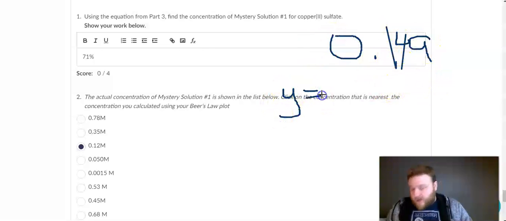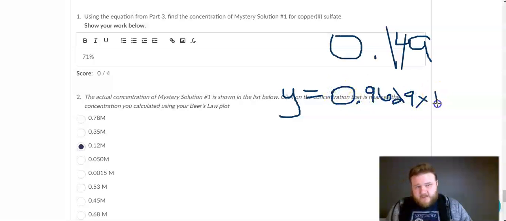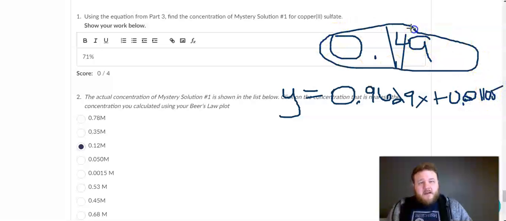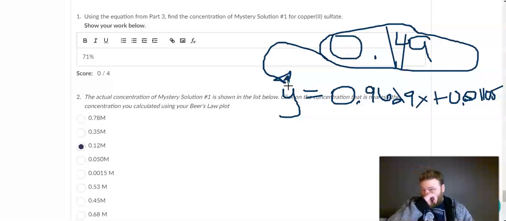I'm going to use my equation, y equals 0.9629x plus 0.01105. And I'm plugging this number in for y. I'm going to plug that number in for y, and then I'm going to solve for x. I'm not going to show you that algebra.